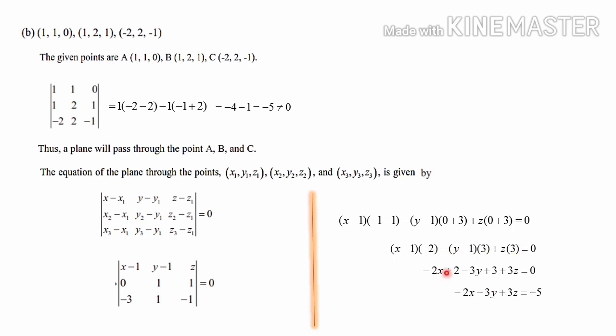Here minus 2x minus 3y plus 3z equals, with 2 plus 3 which is 5, taking that 5 to the right side, minus 5. There is a common minus, so let's cancel it: 2x plus 3y minus 3z is equal to 5. This is the required equation of the plane passing through the three given points.